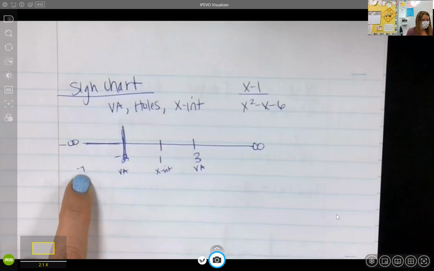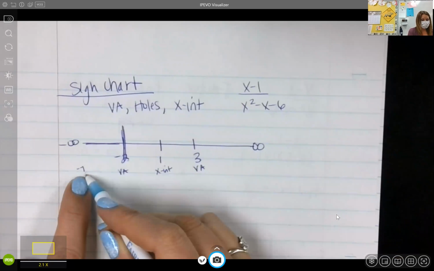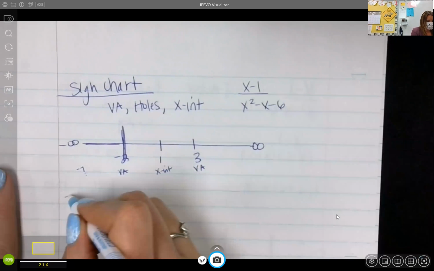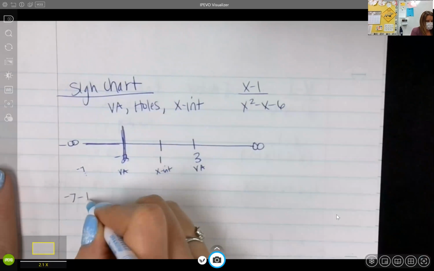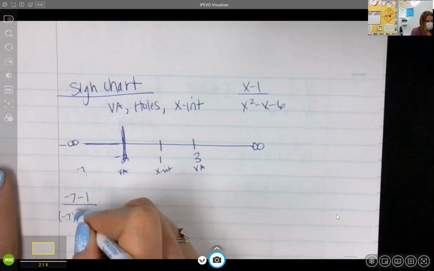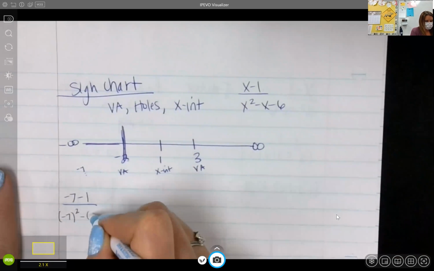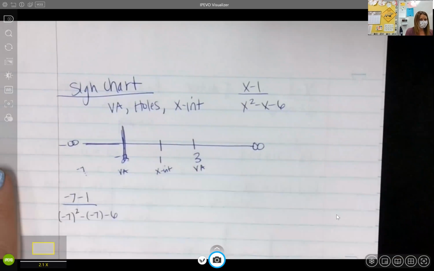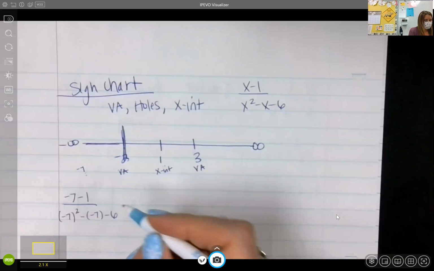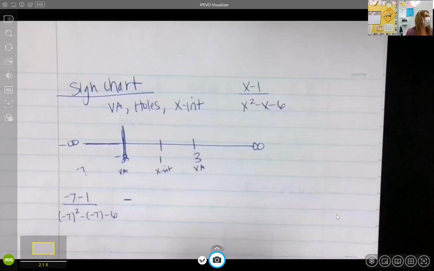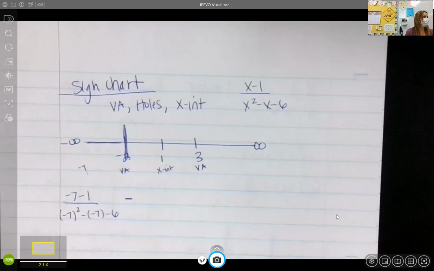Okay, so if I plug a -7 into this equation, I get -7 minus 1 divided by -7 squared minus -7 minus 6. Okay, so -7 minus 1, I don't care what the number is, I just know it's negative. That's all I want to know, is it positive or negative?